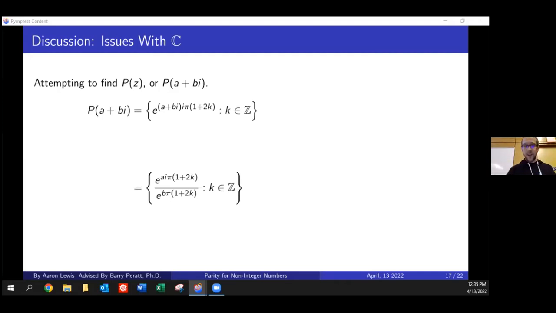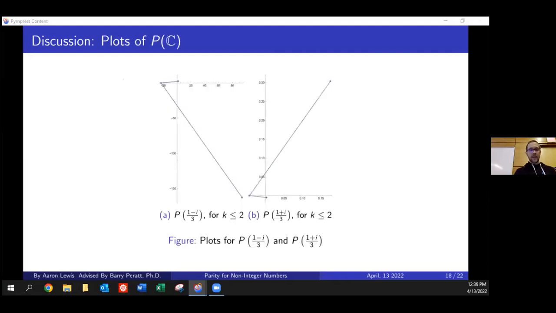We can just denote that real factor by R, because it's just going to be a radius that changes as your value of K changes. So you're going to either very quickly spiral away from the origin or very quickly spiral into the origin.